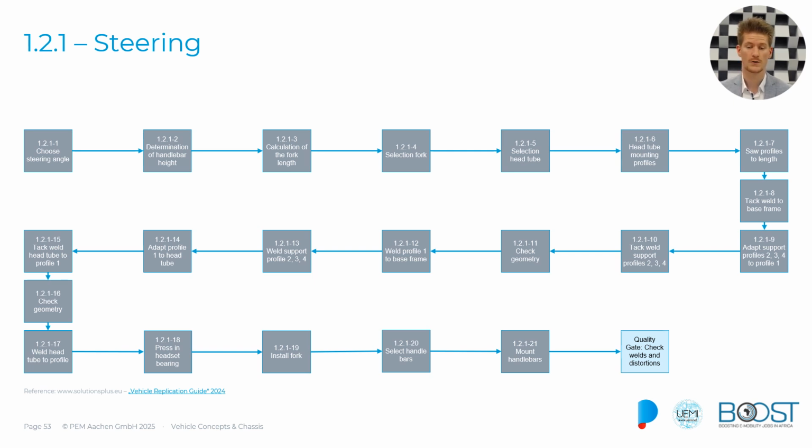We will then have a look at the head tube mounting profiles, saw them again to the length that we need, create the welding, check if the welding is right, adapt the profiles, tack weld some profiles, check the geometry, then weld profiles to the base frame, and again weld other profiles to the base frame, and then we will adapt the head tube, tack weld them to the profiles, and check the geometry again, because this is now very sensitive because we're using it for steering.